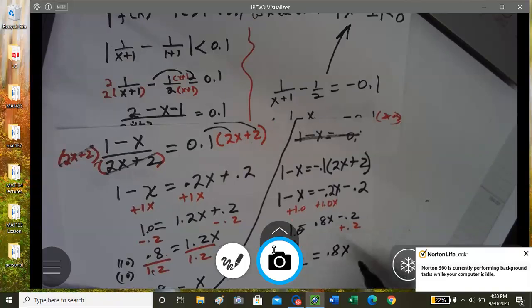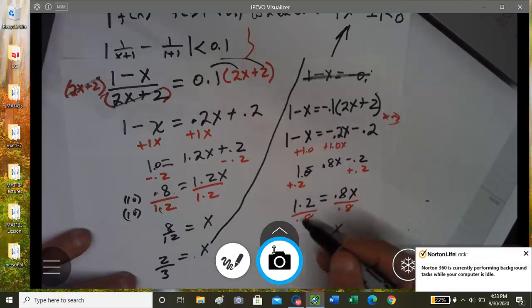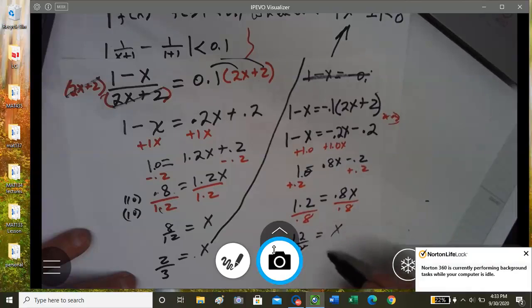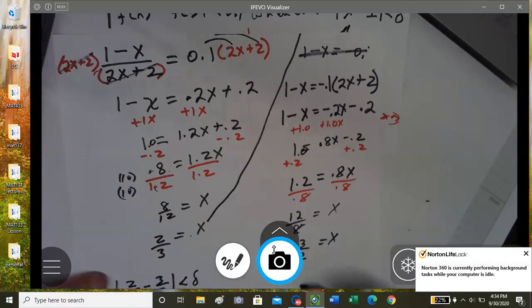And so we go ahead and divide by 0.8. And again, we're going to multiply numerator and denominator times 10. So that decimal point is 12 over 8. So that's going to give us 3. 4 goes in 8 2 times, 4 goes into 12 3 times. So that's 3 halves.